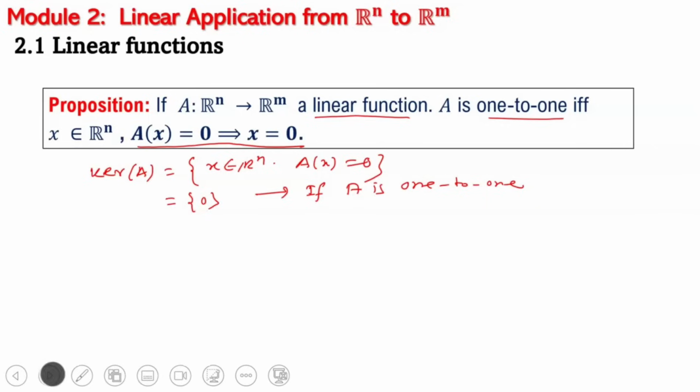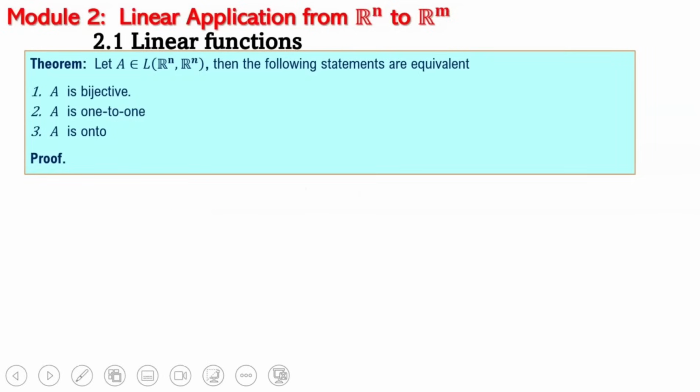Okay, so let's have the next. Now we have a theorem here. This theorem says that if A belongs to L(R^n, R^n), we have to be careful about the definition: it is not saying R^n to R^m, it is saying R^n to R^n.